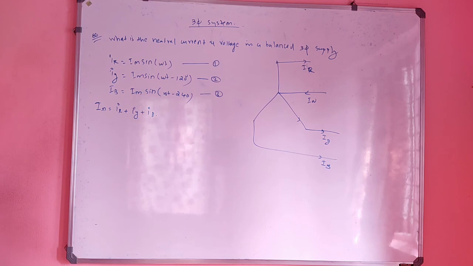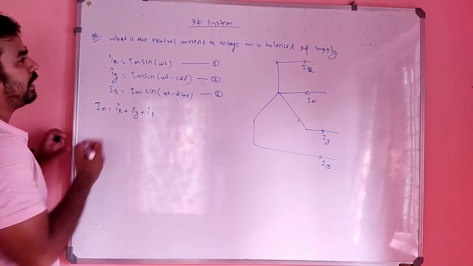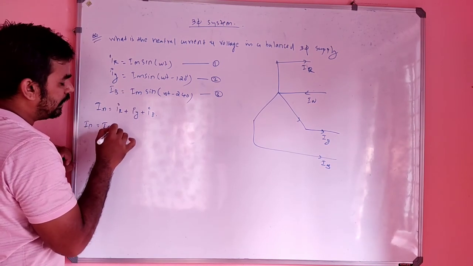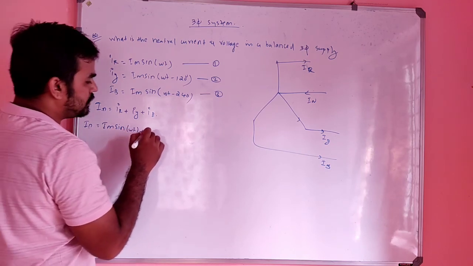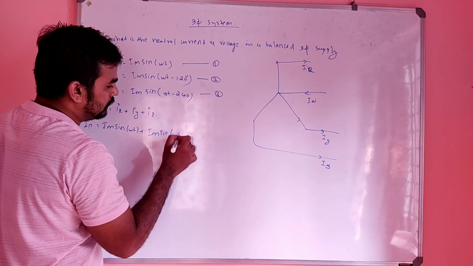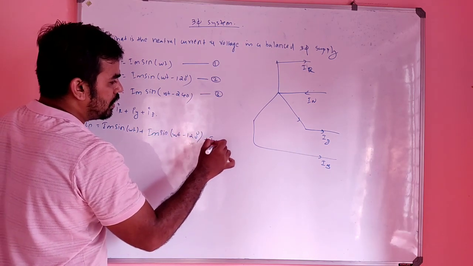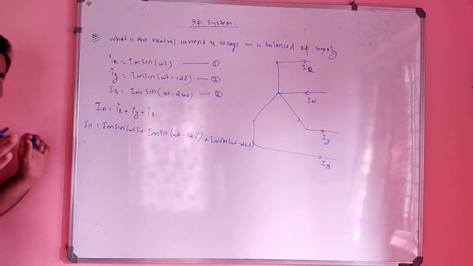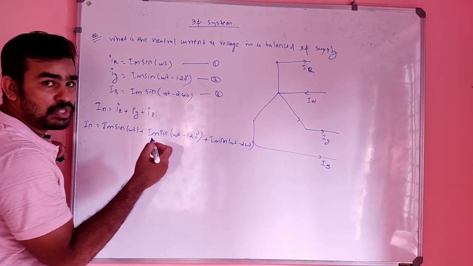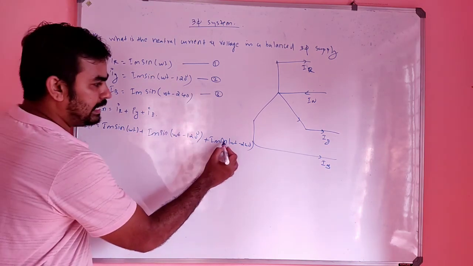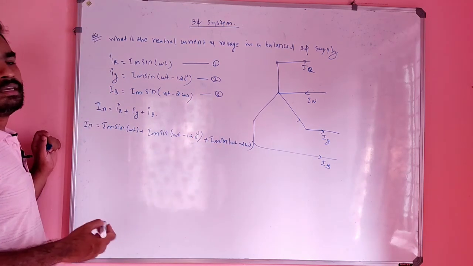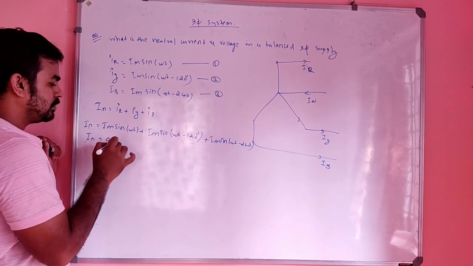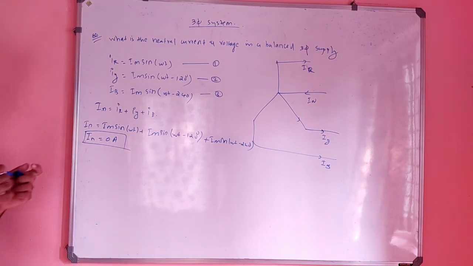So IN equals Im sin omega t plus Im sin of omega t minus 120 degrees plus Im sin of omega t minus 240 degrees. Using the trigonometric relation sin(A minus B) equals sin A cos B minus cos A sin B, and simplifying, you will get In equal to 0 ampere.